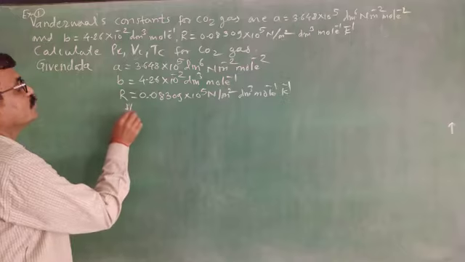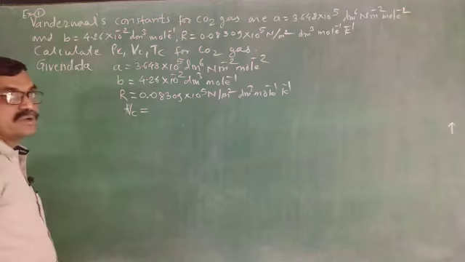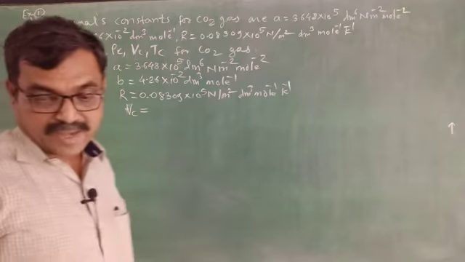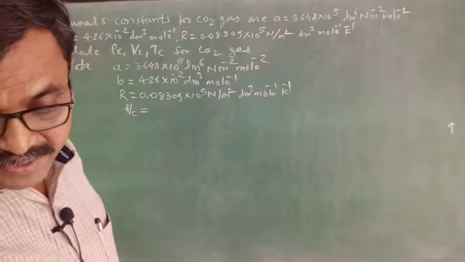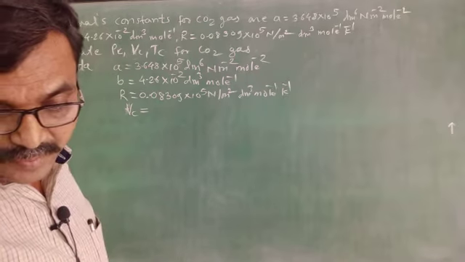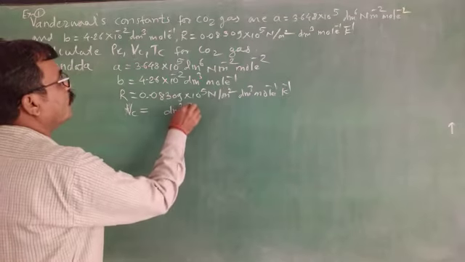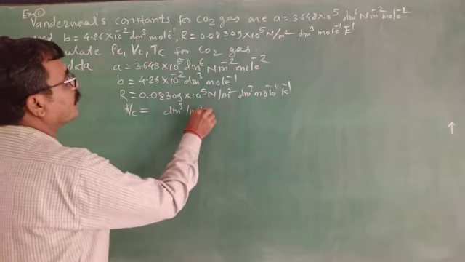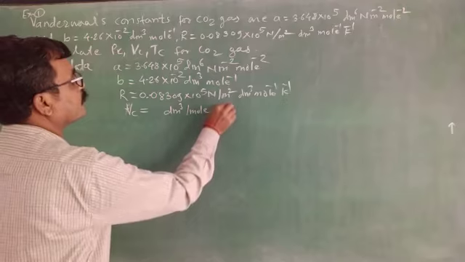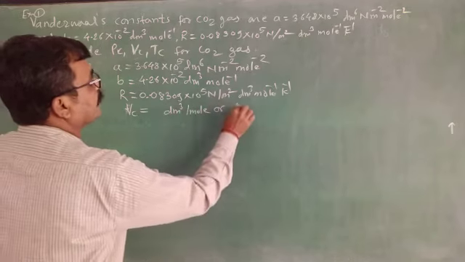Now VC, that is volume, that's why its unit is decimeter cube per mole, or liter per mole.